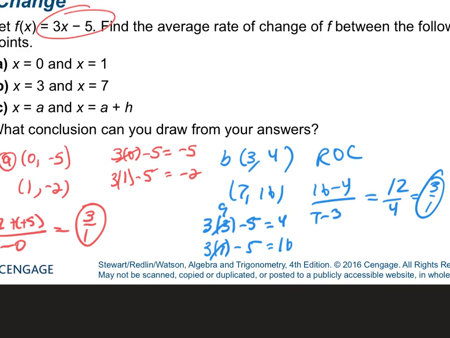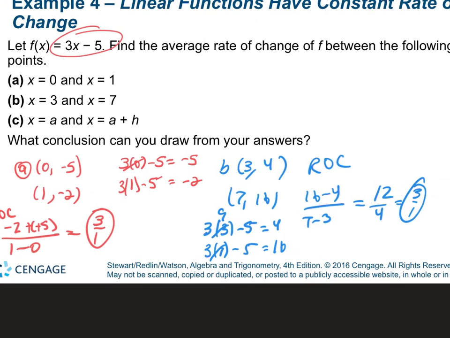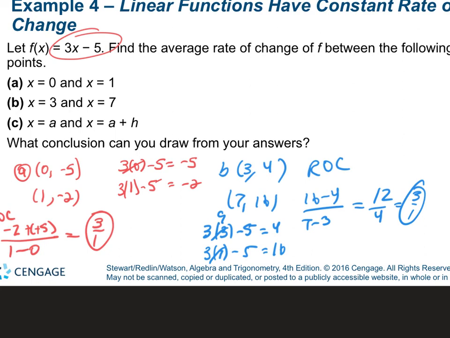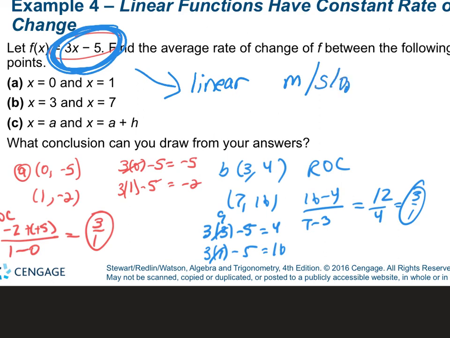What do you guys notice about the slope for A and the slope for B? They're the same. What kind of a function do I have here? Linear. What did I just talk about? When I have a linear function, the slope is constant, right?